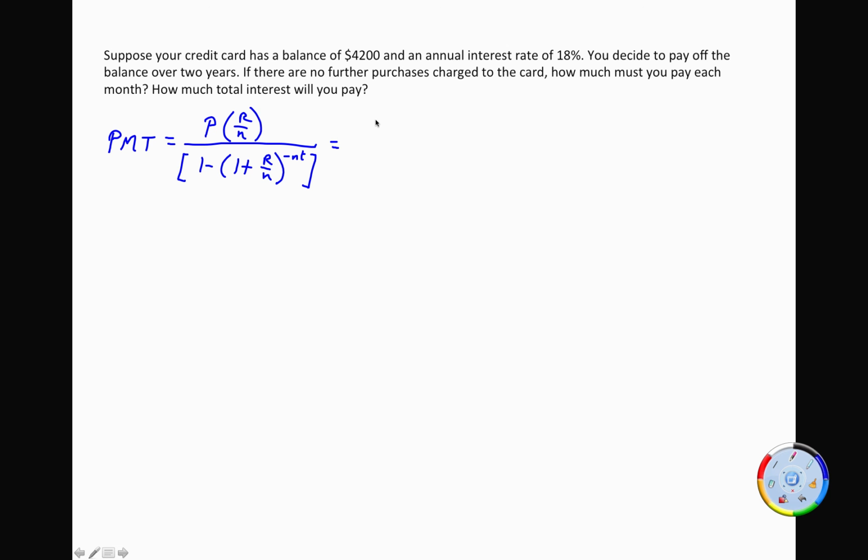All right, P, the principal in this case, is $4,200. The annual rate of interest is 18%. It's monthly because we pay it each month. 1 minus 1 plus 0.18 over 12 to the negative 12, and I want to pay this off in 2 years.